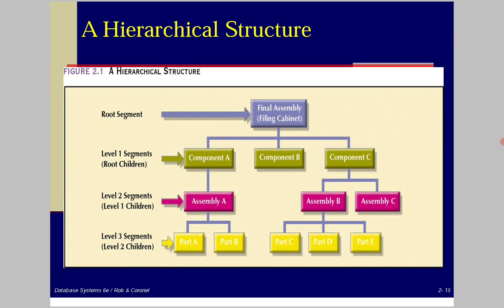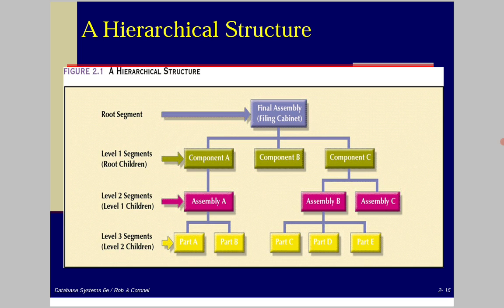These hierarchical models have different levels. The top level is called the root level, and then come level 1, level 2, level 3 segments. It is also called a parent child relationship model. The first node at the top is called the root node or root segment.